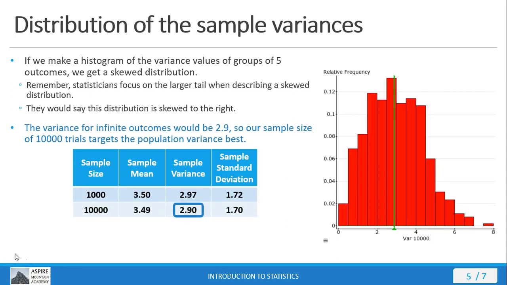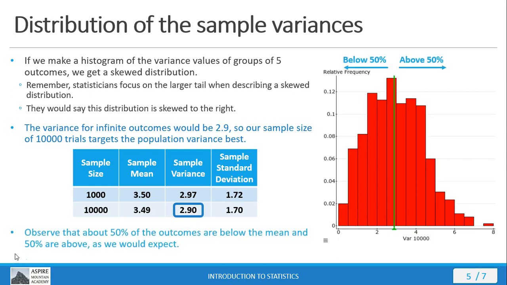So our sample size of 10,000 trials better targets the population variance than the 1,000. But again, we see that for the mean value of our distribution, even though it's skewed, we still see 50% of the distribution below the mean, 50% above.